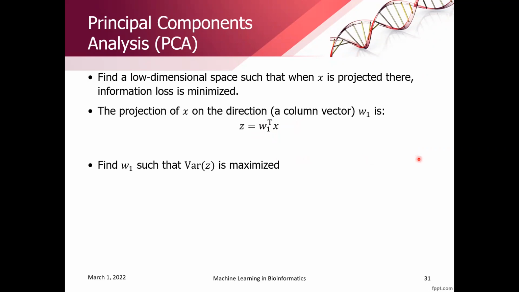So this is how to compute the first coordinate, and the goal of principal component analysis is that we should select the weight vector w1 of the transformation such that the variance of z is maximized. Why maximize the variance of z? z is the first component here. We would like to store most of the information from the initial space in the resulting space after the transformation.